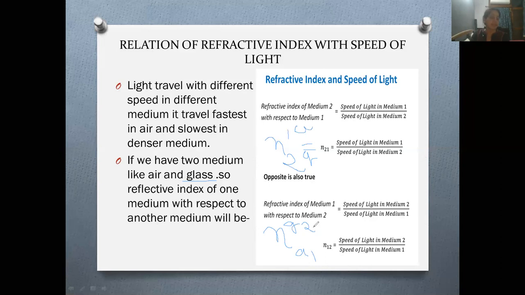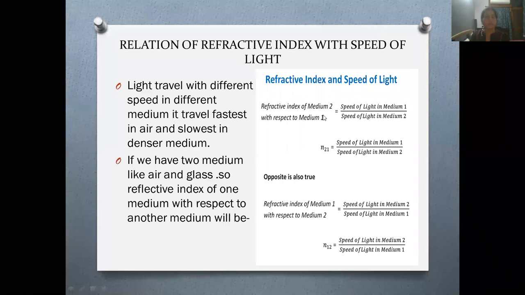This is again the way of writing the refractive index. N, 1 is in the denominator, 2 is in the upper. That is how you will read refractive index of air with respect to glass, and this you will read as refractive index of glass with respect to air. So this is the refractive index of two media.